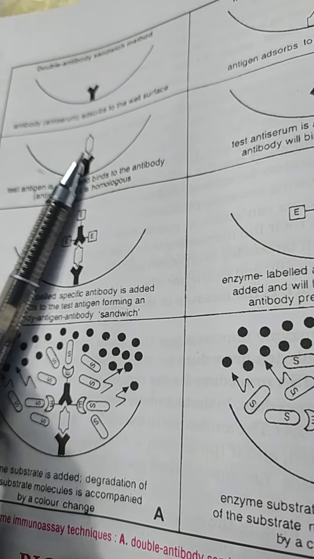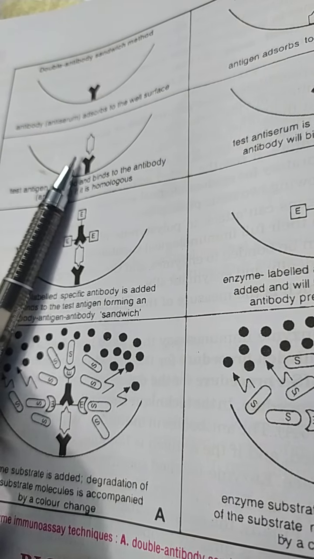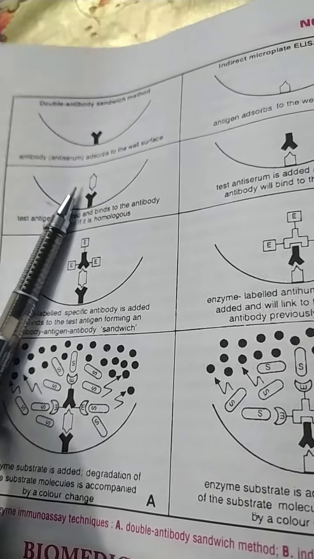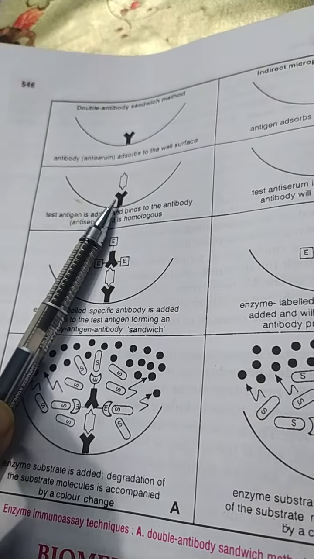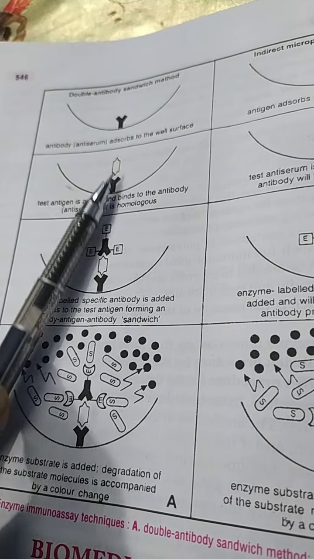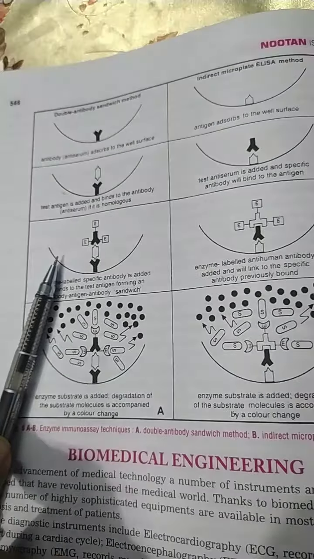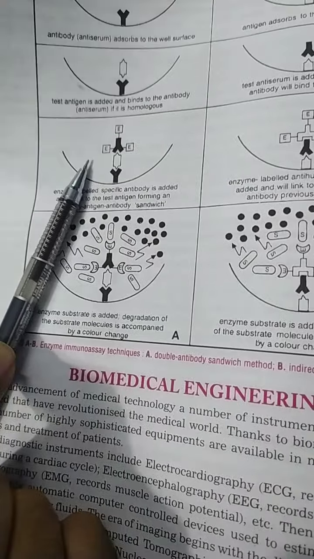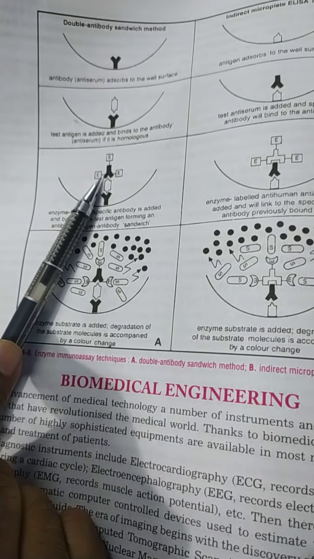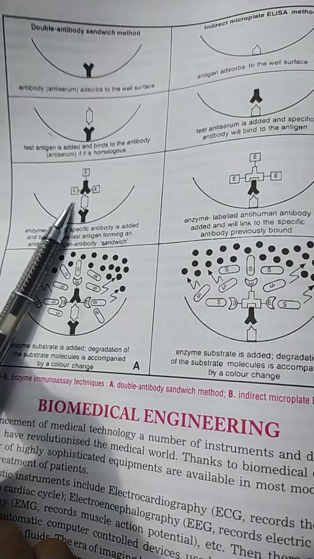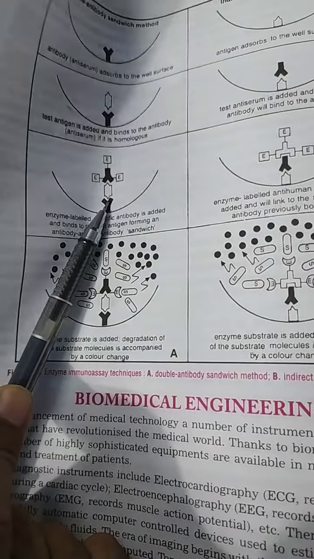If it is homologous, that means it has the right kind of site, then this test antigen would find its site on this antibody and stick to it. Then the third step: the test antigen is added, and if the antigen is homologous, it sticks to the antibody immobilized on the well surface.